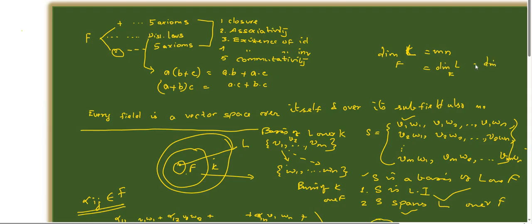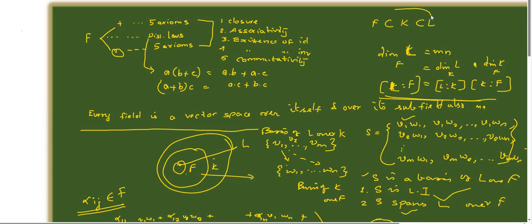The dimension of K over F. This is denoted as the degree of L over K, and this is the degree of K over F, and this is the degree of L over F. This part is very important for later discussion: whenever we have F, you have K, you have L, the degree of L over F is the degree of L over K into the degree of K over F. So that theorem will be used quite often in the rest of the sections. Thank you.